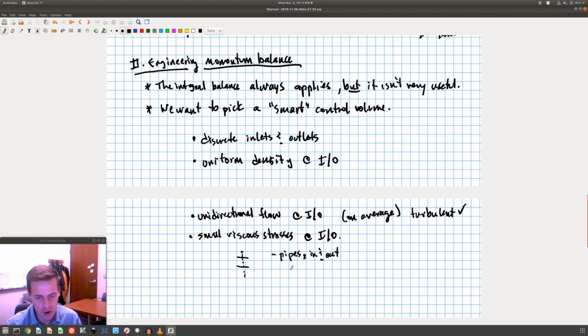Those will have small viscous stresses. But there are things that don't have small viscous stresses, things like pumps or turbulent wakes.